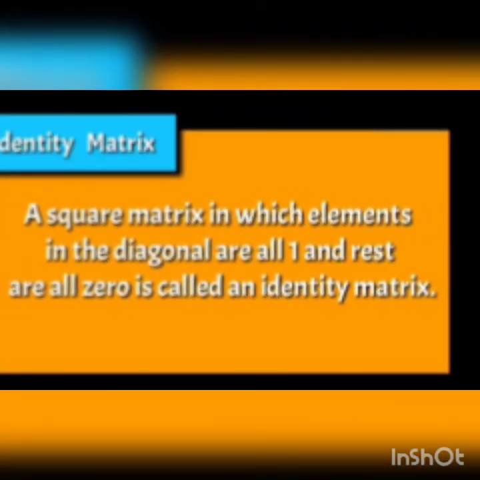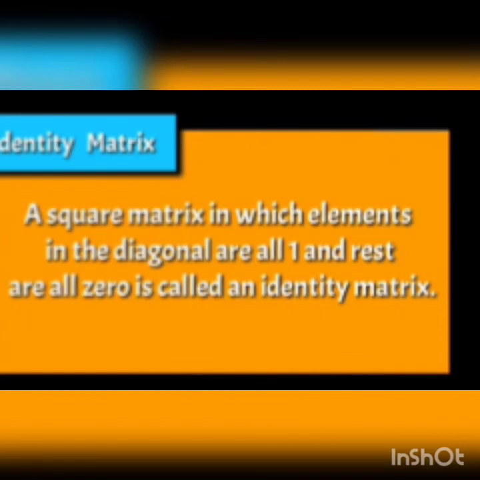The next matrix that we will be discussing is the identity matrix. A square matrix in which the elements in the diagonal are all 1 and the rest are 0 is said to be an identity matrix. We must note that an identity matrix is always a square matrix in which the diagonal elements are all 1 and the rest are all 0.